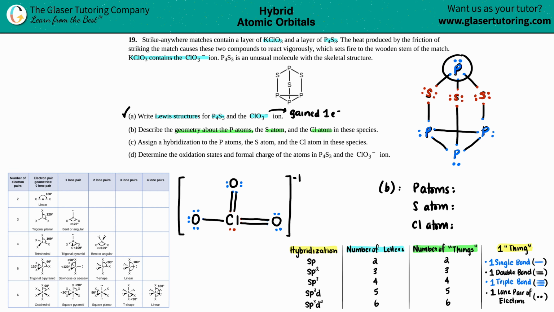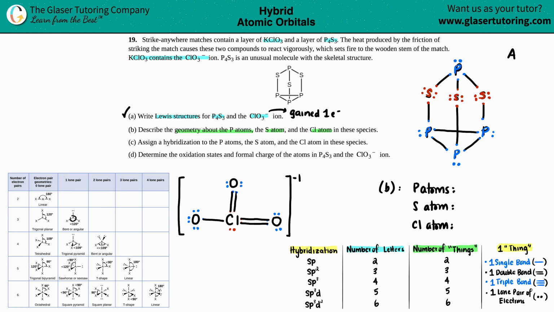Now, since these phosphorus atoms are all the same, each phosphorus here has 3 single bonds and 1 lone pair, so it doesn't really matter which one you look at. I'll look at the top one just because I have the most room here. So, phosphorus is now acting as the center element, which means that on your chart, phosphorus would be the A element, the one in the middle.